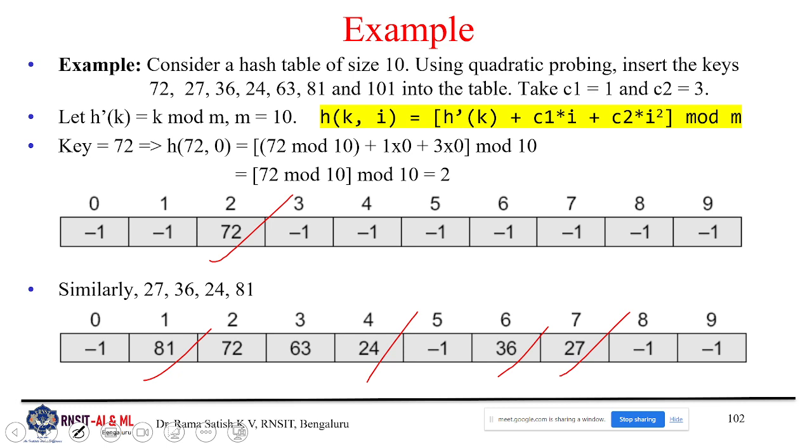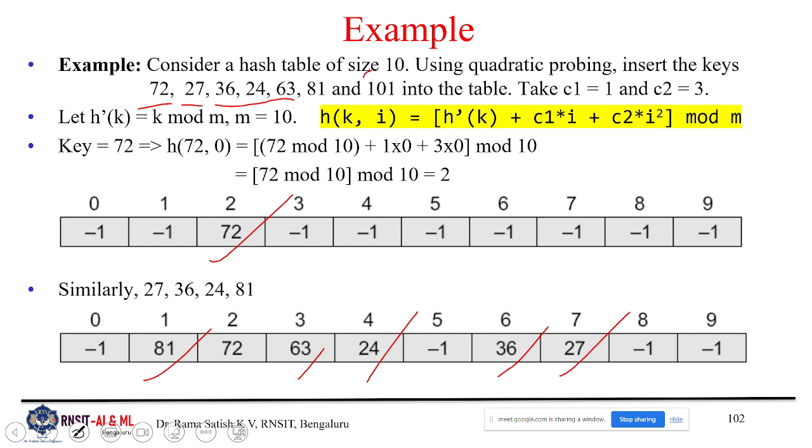Right, so without collision they are stored, and even 63 is stored. So up to here, 72, 27, 36, 24, and 63 are stored, and even 81.